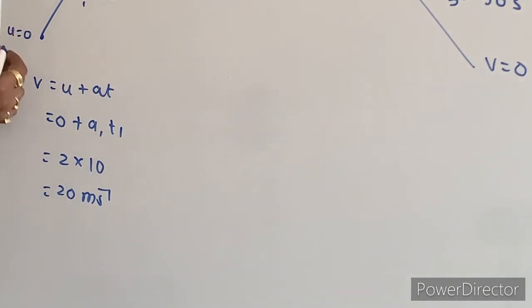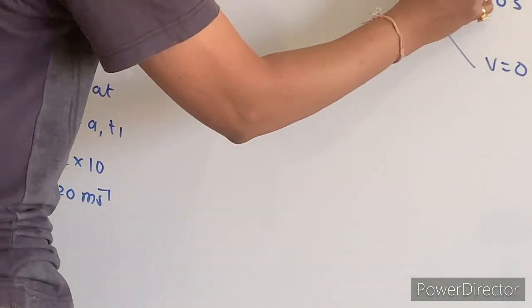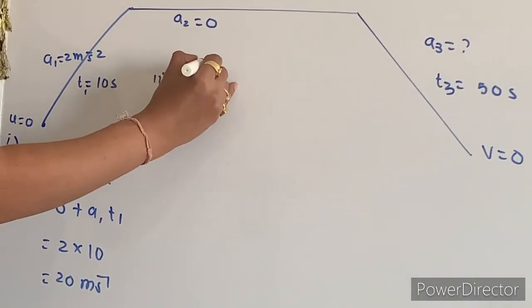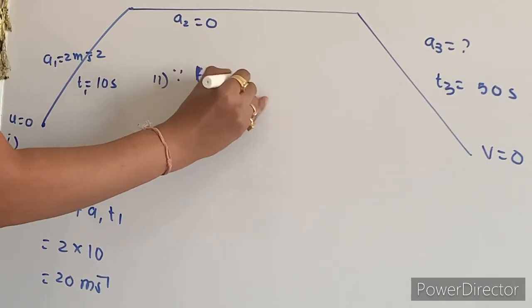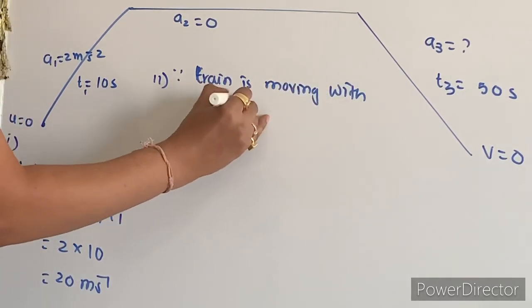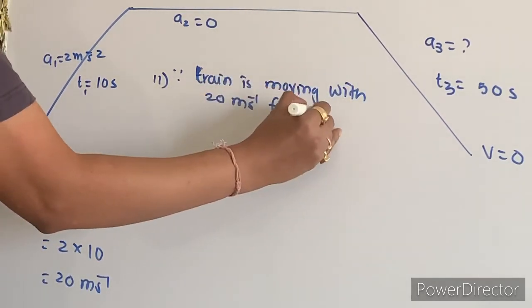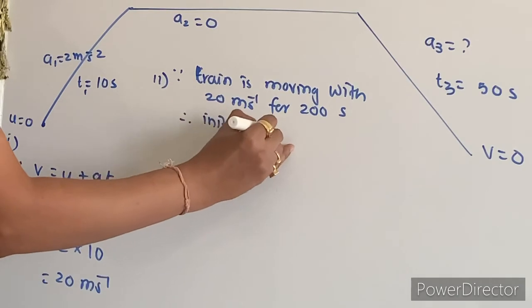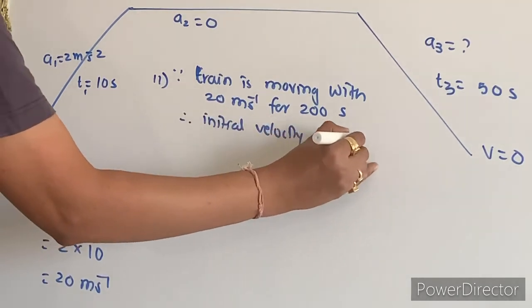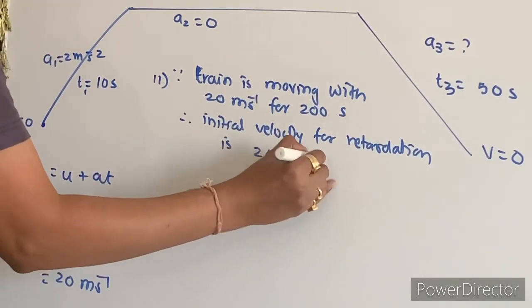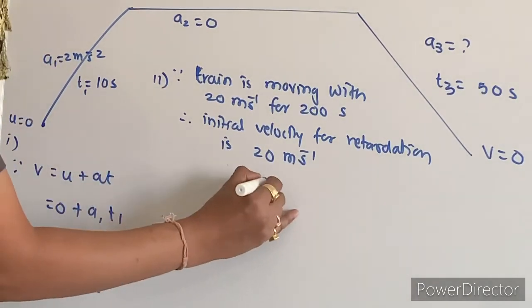And after that it comes to rest with a retardation. We have to find the retardation. In the second part, since your train is moving with 20 meters per second for 200 seconds, therefore the initial velocity for retardation is 20 meters per second, and then final velocity v is equal to 0.